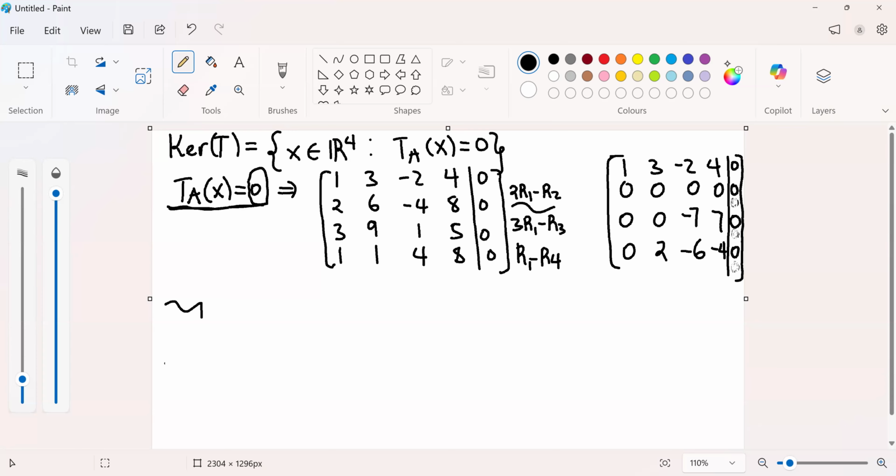So we swap. How am I going to swap this? Shall swap as follows.